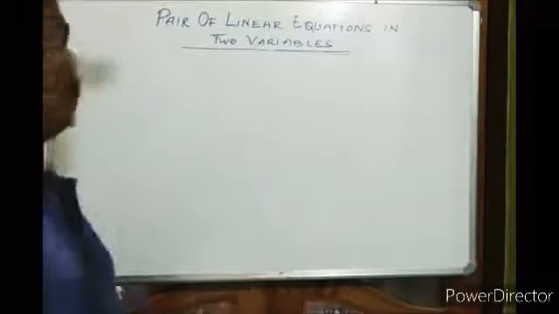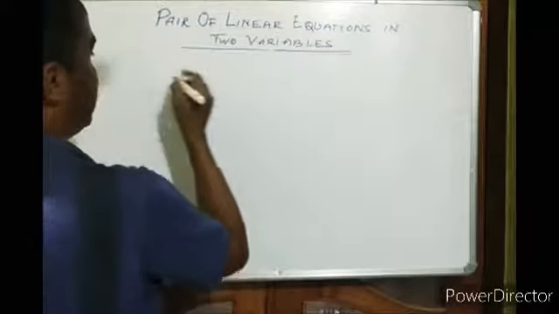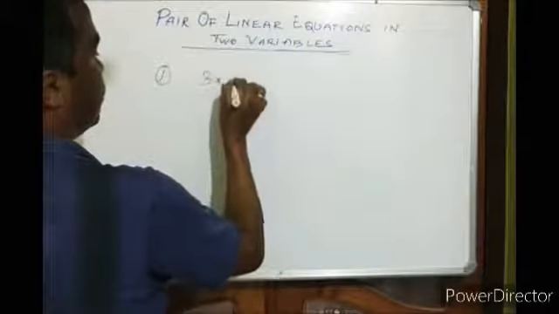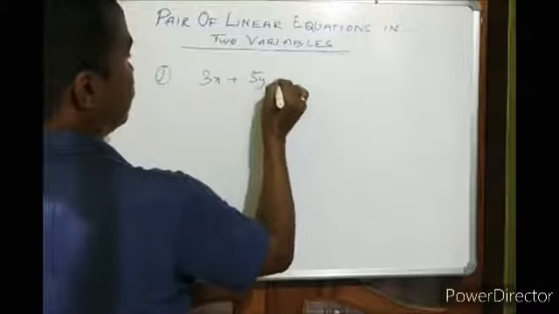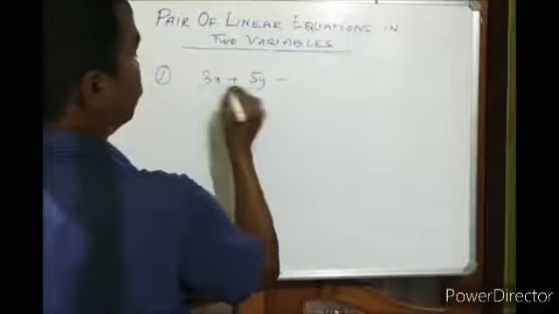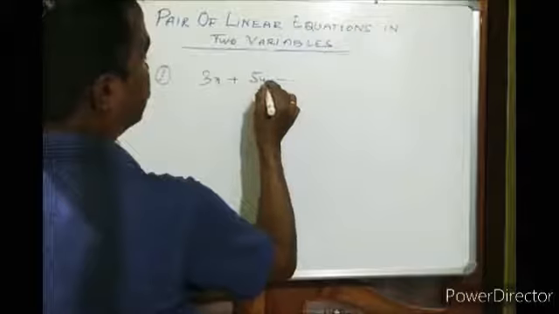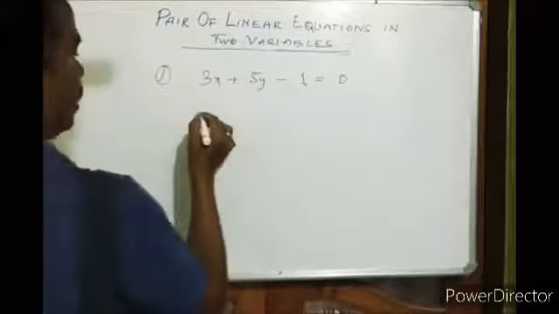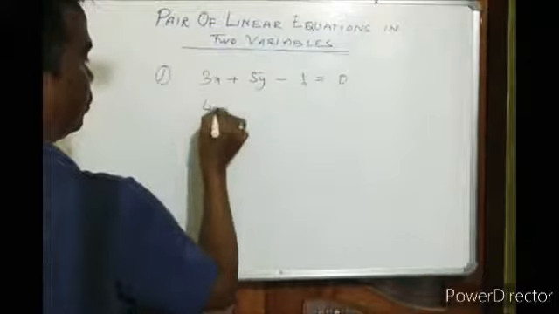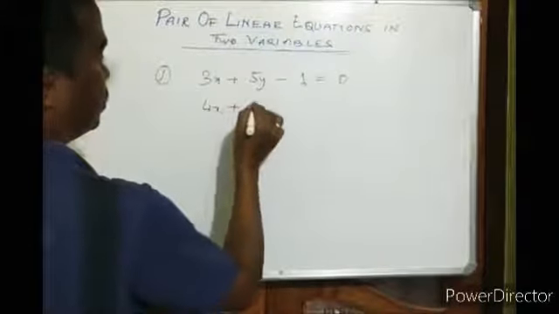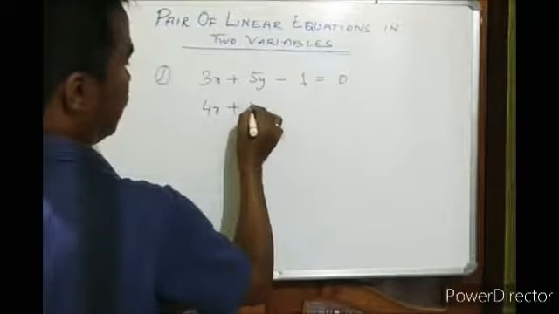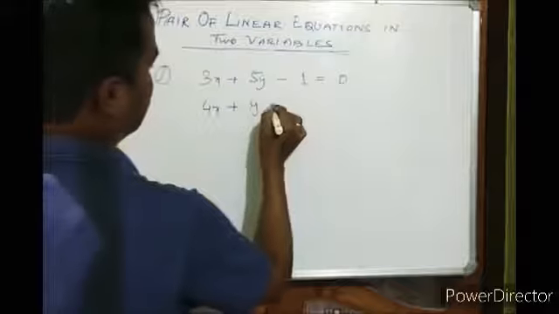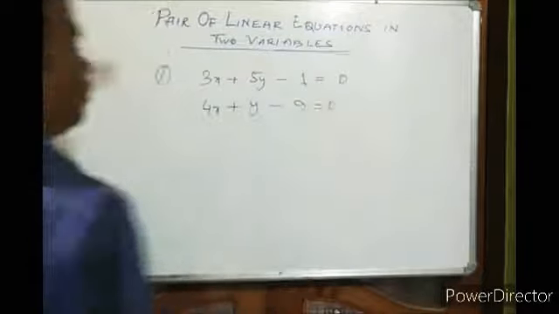For that, let us consider an example. Say, thrice x plus 5y minus 1 equal to 0 and 4x plus y, something like this.